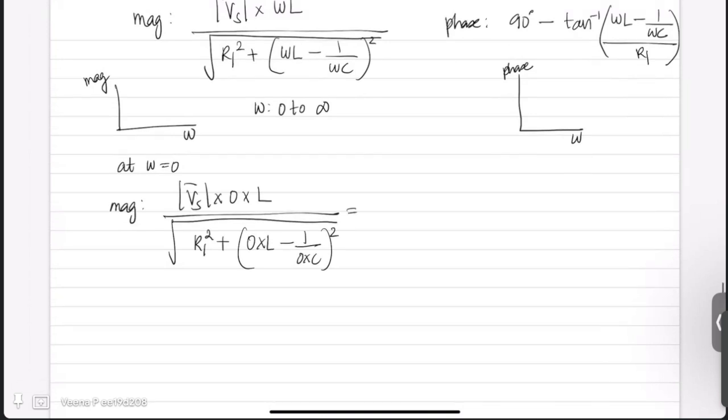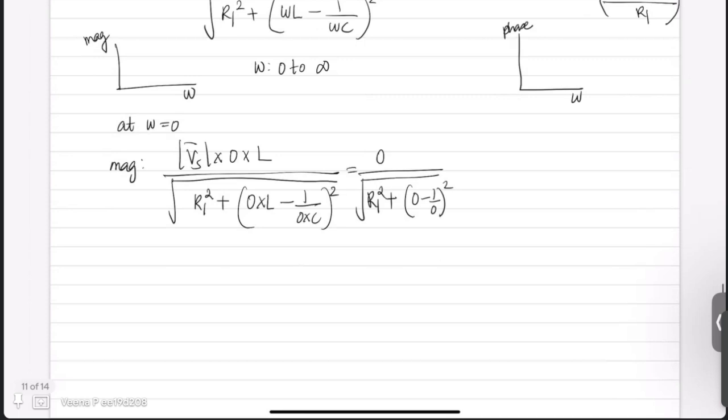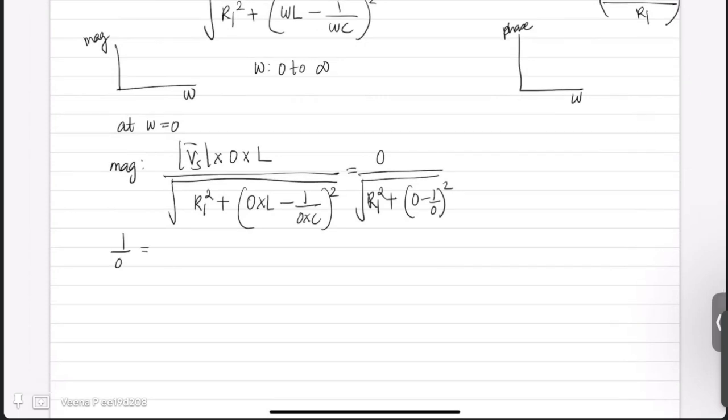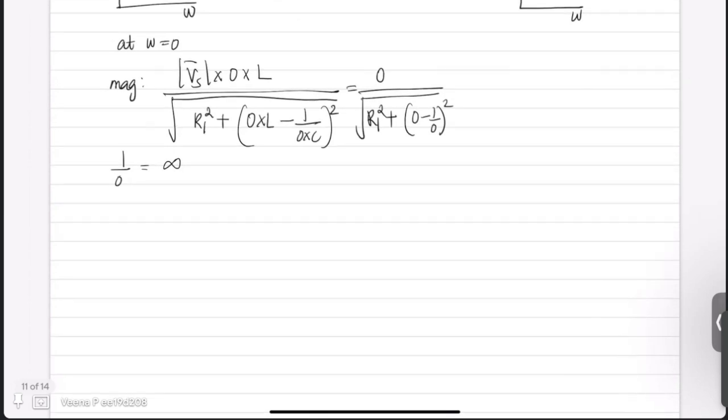Now the numerator is 0. The denominator is R1 square plus 0 minus 1 by 0 the whole square. Now 1 by 0 is infinity. So when you replace 1 by 0 with infinity, your magnitude now becomes 0 by under root R1 square plus 0 minus infinity the whole square.